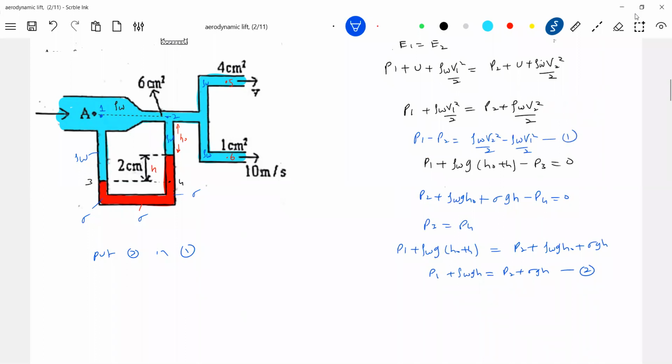I'll call this equation 1. This becomes P1 minus P2 equals sigma minus rho W G H. Put 2 in 1, so equating, sigma minus rho W G H should be equal to the Bernoulli expression.